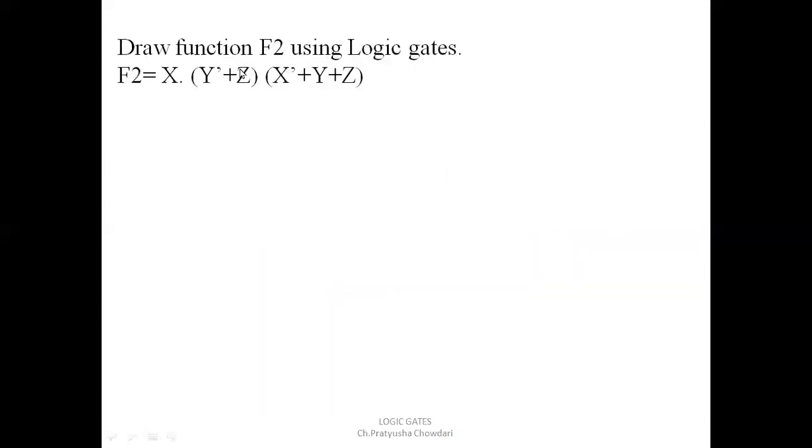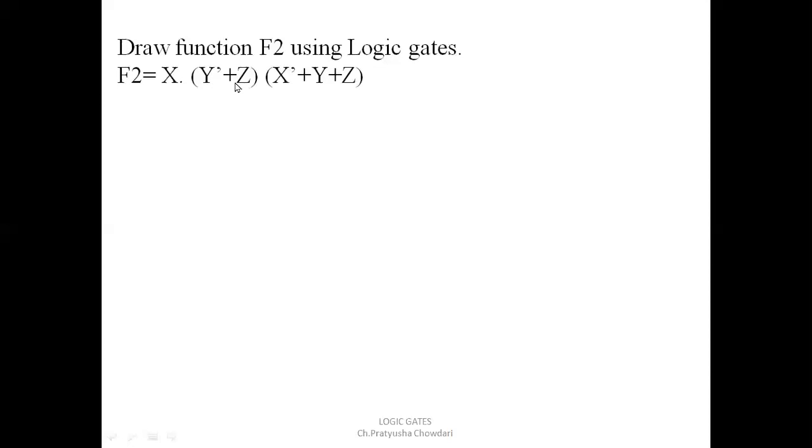Next, another function F2 is equal to X dot Y bar plus Z dot X bar plus Y plus Z. Here I require a 3-input AND gate at the output section, and I require 2 OR gates.